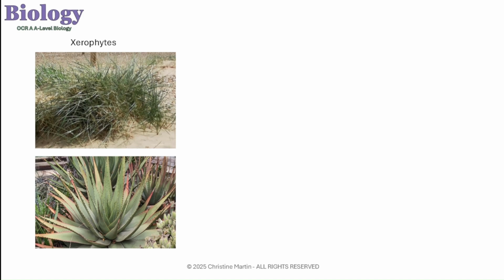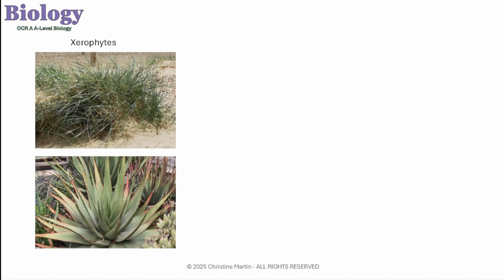Now, xerophytes, i.e. cactus, marram grass, aloe vera plants, live in very dry environments, and they show adaptations that include things like a reduced surface area. They have small leaves, or they roll their leaves, or their leaves have turned into spines. They have thicker waxy cuticle on both the upper and the lower epidermis.